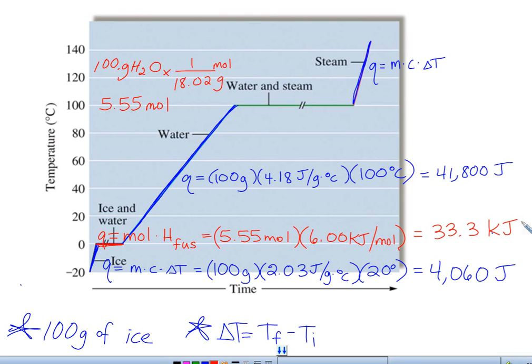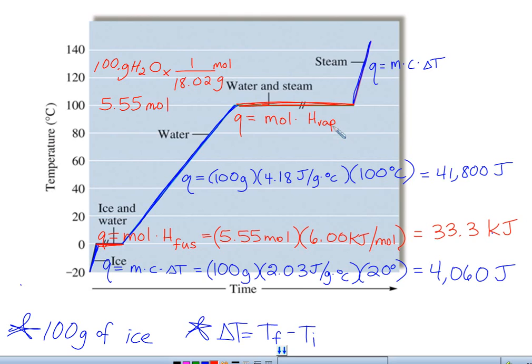And now let's say I want to do the same thing up here through this boiling point. At the boiling point, Q, or energy, delta H, would be moles times heat of vaporization, which is another constant. You look it up on a chart, which I will do, and I will say that this is about 40.6.